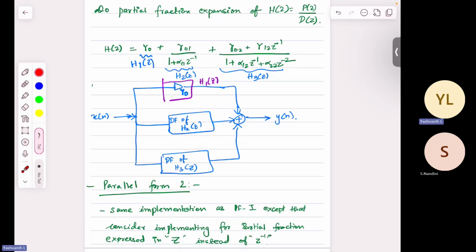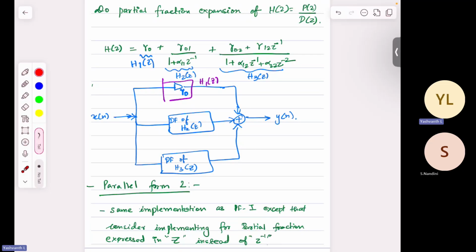First is the direct form 1 realization, then direct form 2, which is a much more efficient way to implement a filter compared to direct form 1. Then we saw the transpose structures for direct form 1 and direct form 2, then the cascaded form, and finally parallel form 1 and parallel form 2 for IIR filter realization.